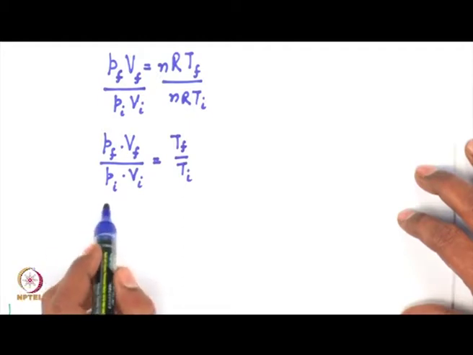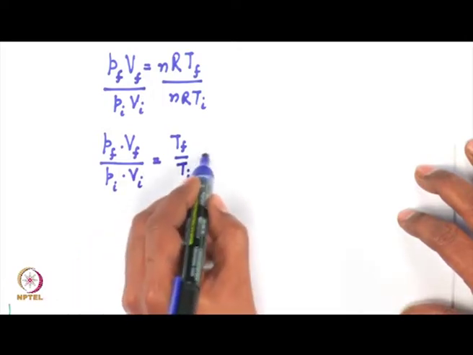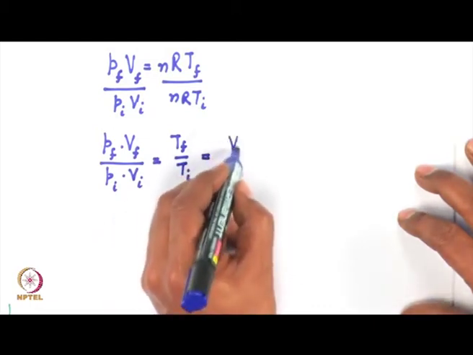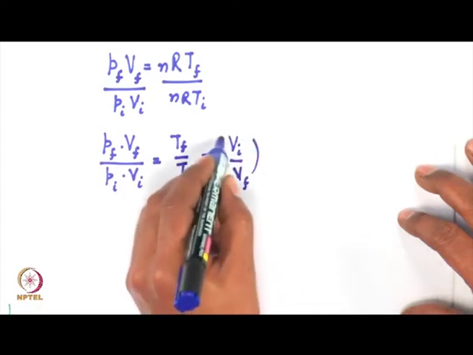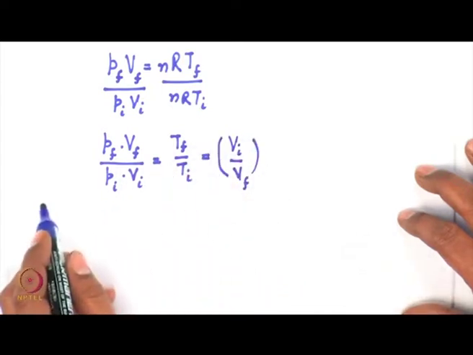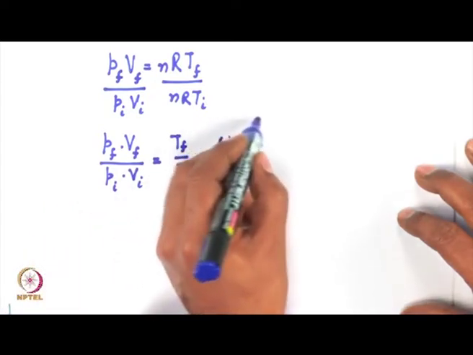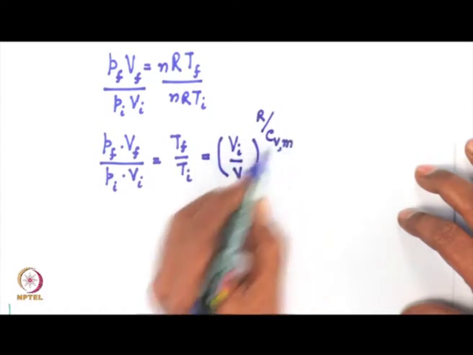So, therefore, Tf by Ti is equal to, we have Vi by Vf raised to the power R by CVm.